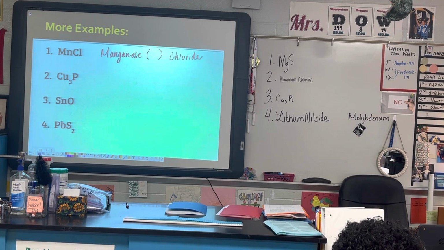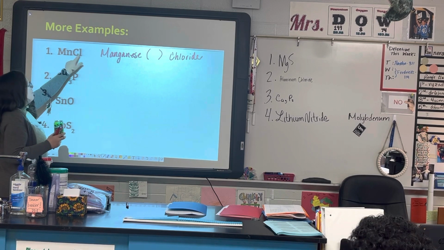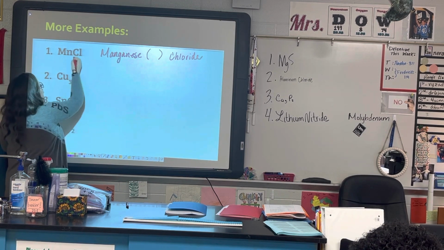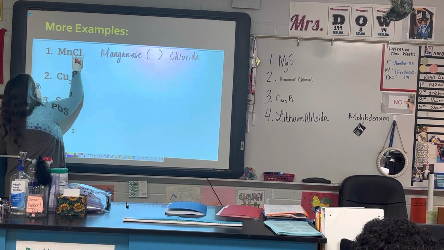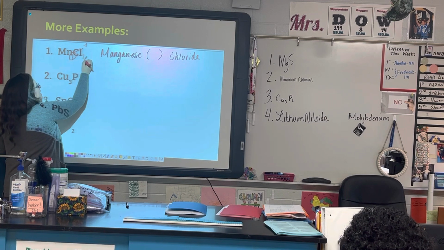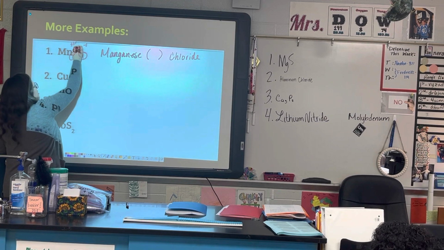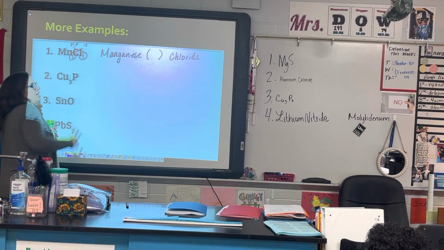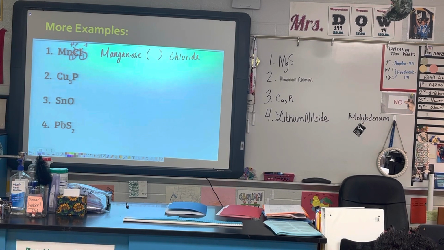So anytime our metal is in that transition metal range, we're going to have to do the uncrossing of our subscripts. Alright, so right now, what are my subscripts? 1s, right? So I'm going to uncross. This becomes -1. This becomes +1. And we check our non-metal. Is chlorine a -1 charge? Yes.